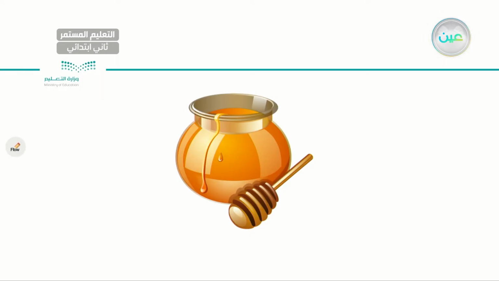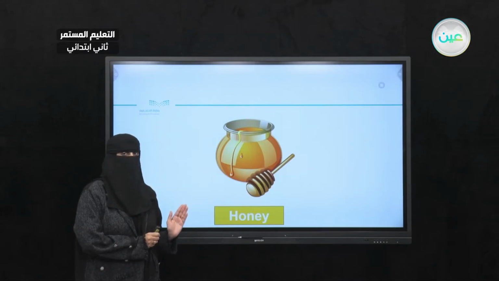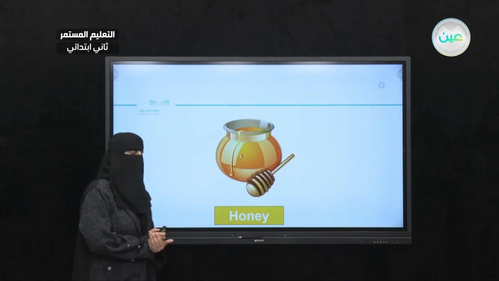How about this one? I think you can name this for me. It is honey. Honey. One more time. Honey. Very good. Again, honey is uncountable. Okay? We cannot add S to the word.